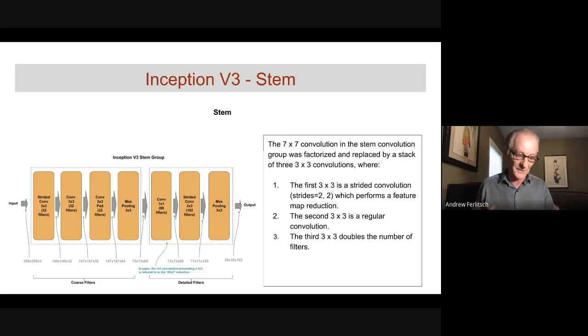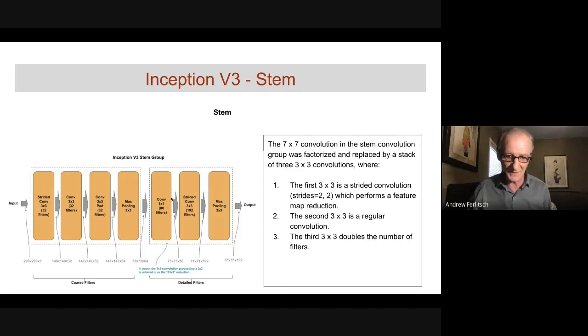But the theory they had of replacing a 5x5 by two 3x3s for less computational complexity and the same representational equivalence, they theorized that you could take a stack of three 3x3s to replace a 7x7, reduce the computational complexity, and have the same representational equivalence. That's what they've done here.